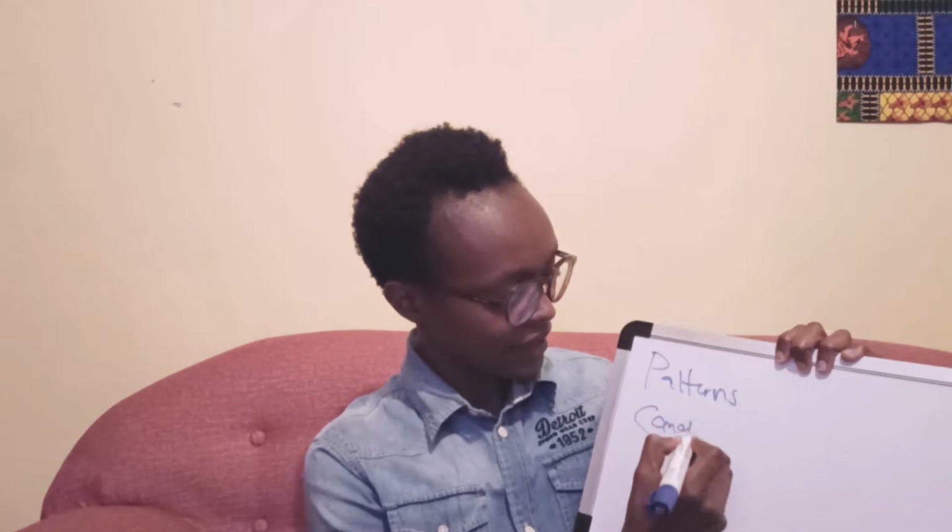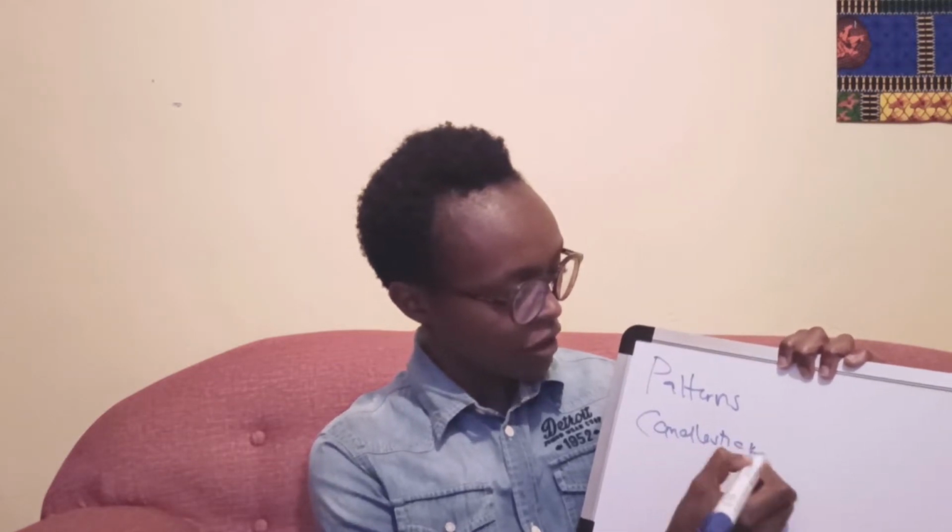You can use patterns, you can use candlesticks, or you can use indicators. Personally, I have used and currently use patterns and candlesticks, so these are really the only ones that I can talk about. But in this video, we are going to explore more about candlesticks.